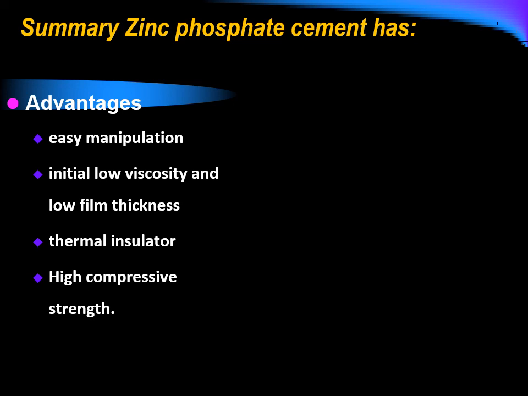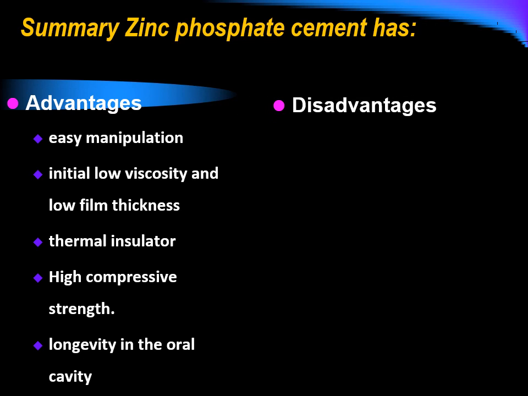It has a high compressive strength and high modulus of elasticity, so it cannot be fractured under the forces of mastication if properly inserted in the tooth cavity. It has longevity in the oral cavity and can last for years without any problem.